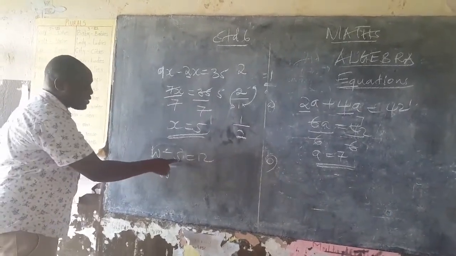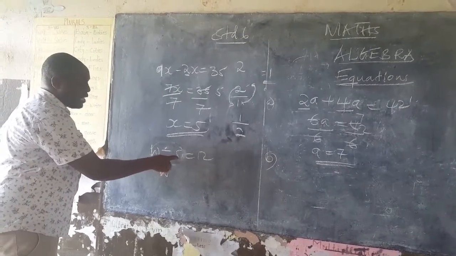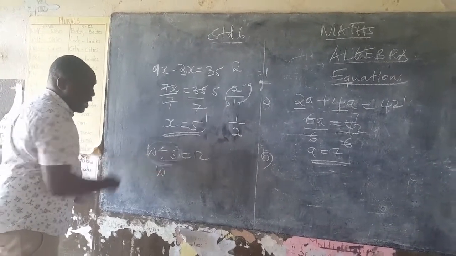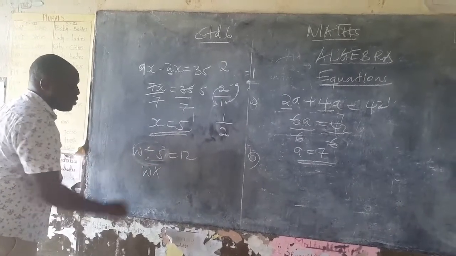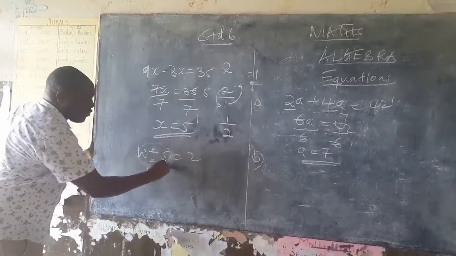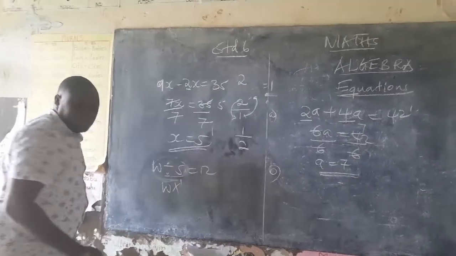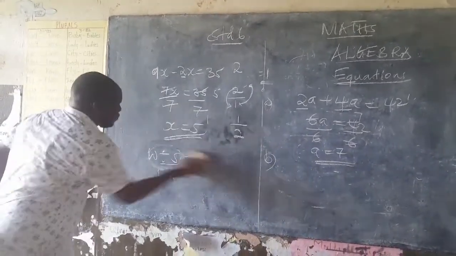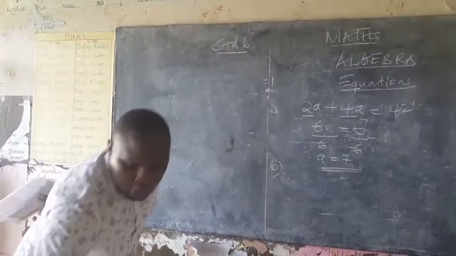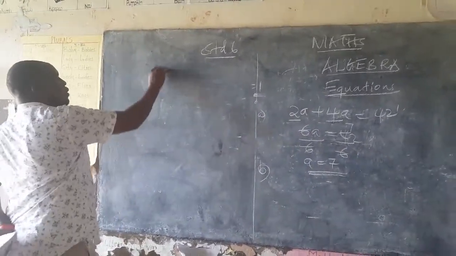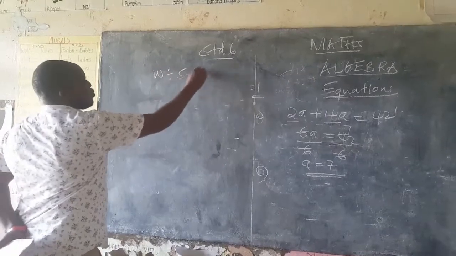We are going to write this as a number with a denominator. So this simply means times 5 over 1. So let me write it 12, so that you can see that W divided by 5 is equal to 12.